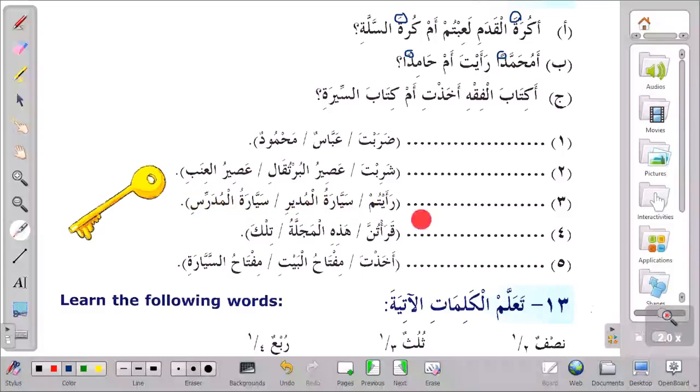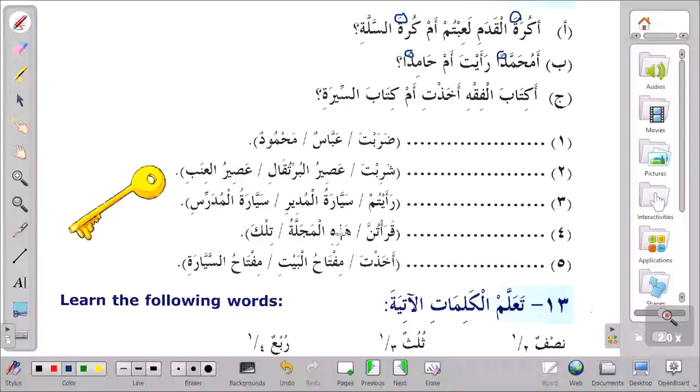You see that? Then the fourth one, how will it be? Ahazihi al-majallata. It is the object, so it must be mansub. But here, because hazihi is mabni, we said this before, it doesn't change.